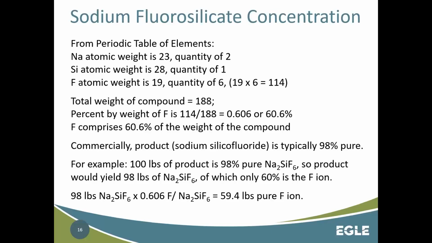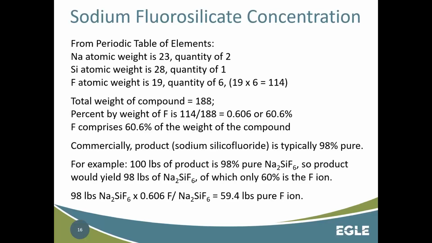Then this is a similar calculation determining the pure fluorine ion in the powdered form of sodium fluorosilicate. The formula for sodium fluorosilicate is Na2SiF6.